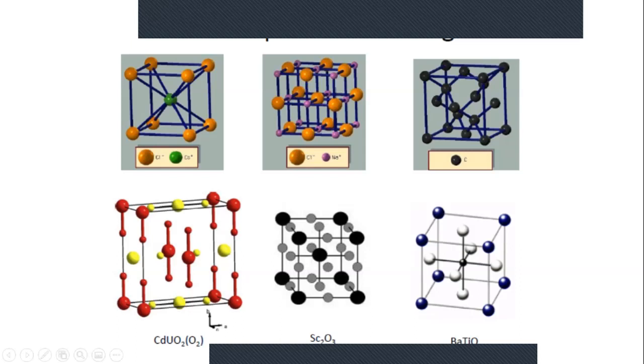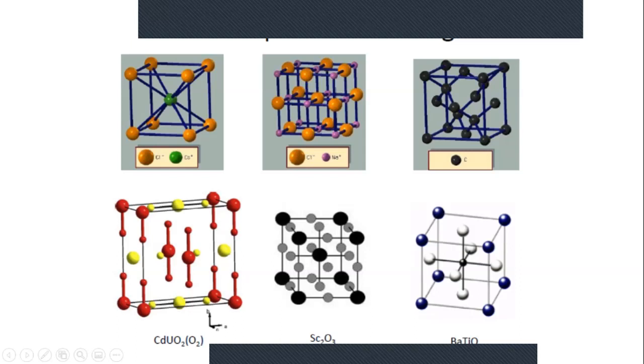Then sodium chloride, here we have a simple cubic unit cell, and so you have ions on the corners of the unit cell. And if you look, you have an equal number of sodium ions and chloride ions in one unit cell, which means it's a 1-to-1 ratio.